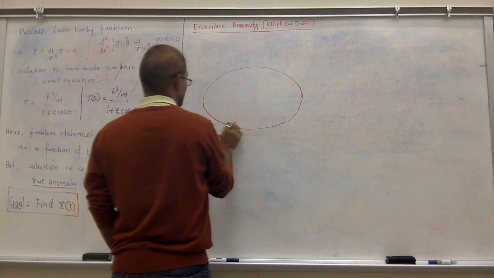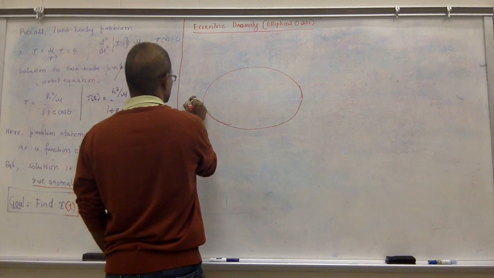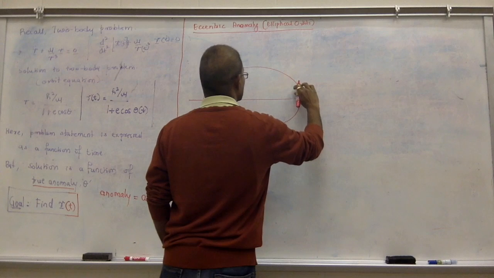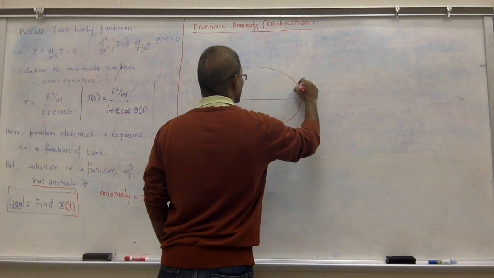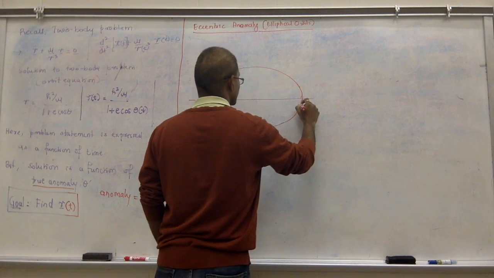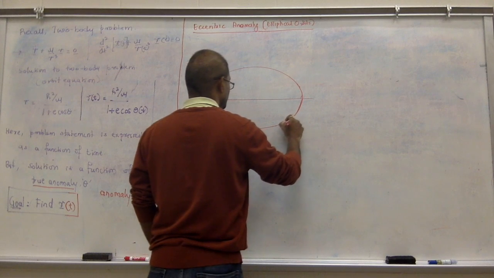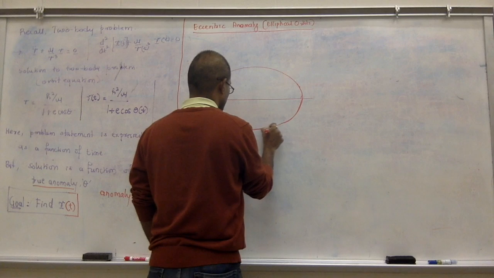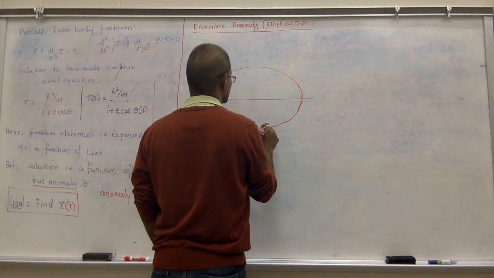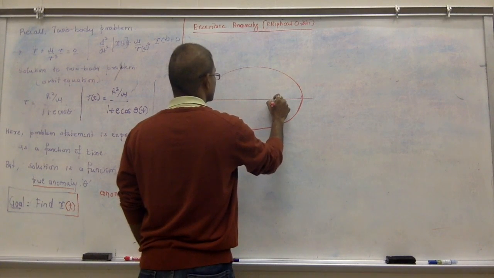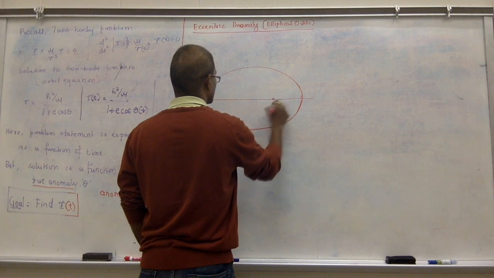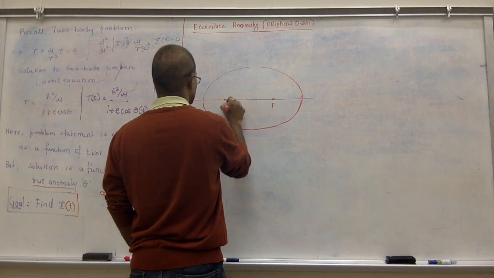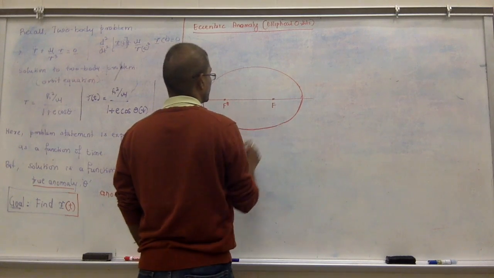This is an elliptical orbit. For an elliptical orbit, where is the orbiting body? Along that path. Where is the central body? On the focus. Okay. This is where the central body is.